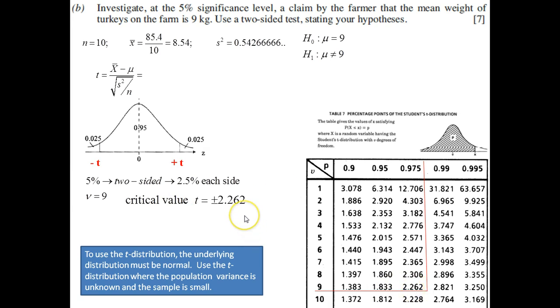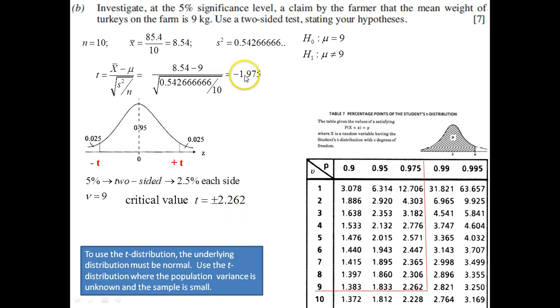Now that is where we accept or reject H naught. Our T statistic has worked out, from 8.54 for the mean minus the mean that we're trying to prove, divided by the square root of the variance over n, to be minus 1.975.